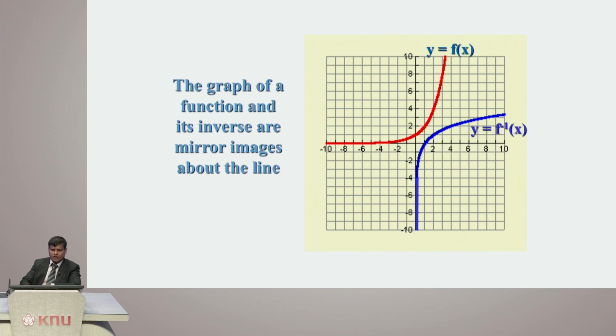We have seen y equals f of x, and its inverse is y equals f inverse of x. That's how it looks, just the mirror image, and that is exactly the reflection about y equals x, right?